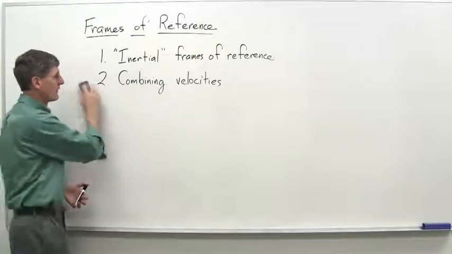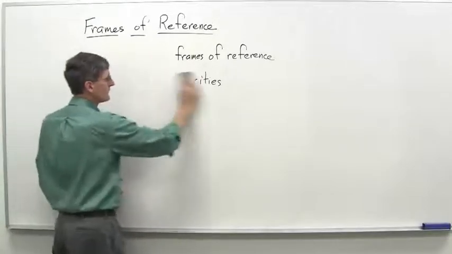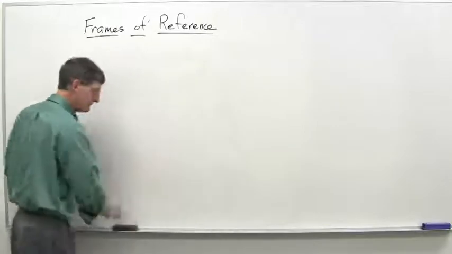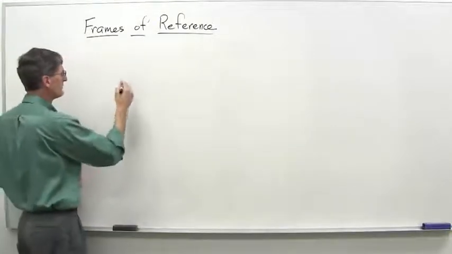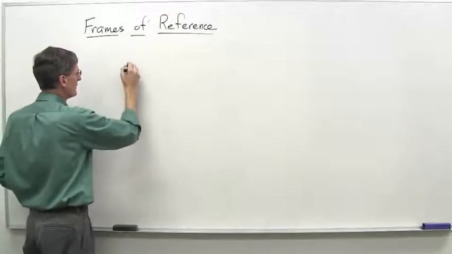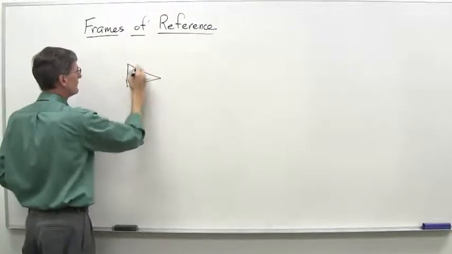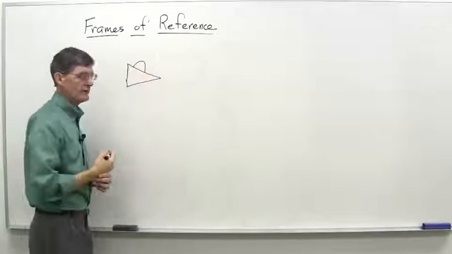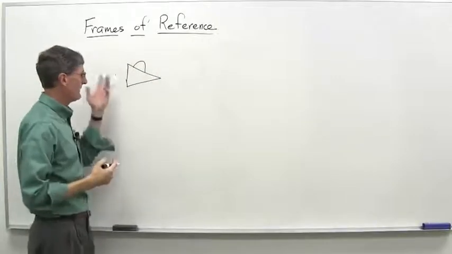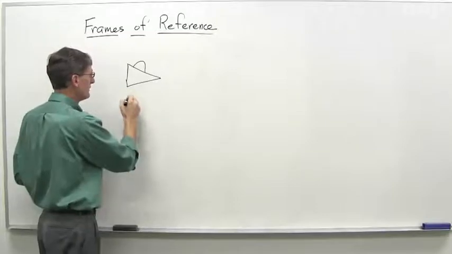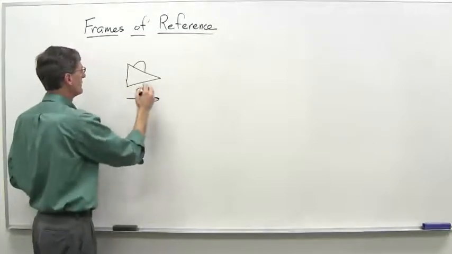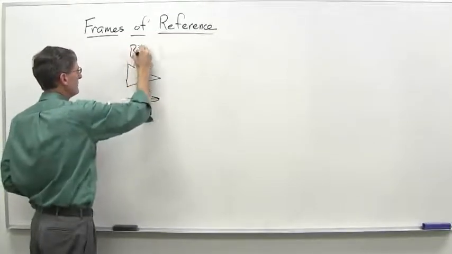But combining velocities, let's just do a little example here. Let's say we've been talking about Bob and Alice. So let's go back to Bob's spaceship here. So here's his spaceship with his cockpit. And Alice is observing him, so maybe he's going by with some velocity v.